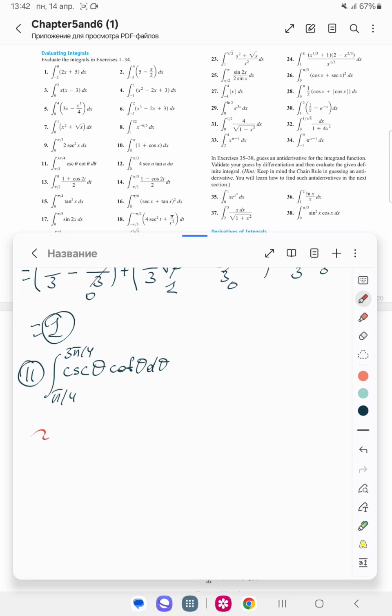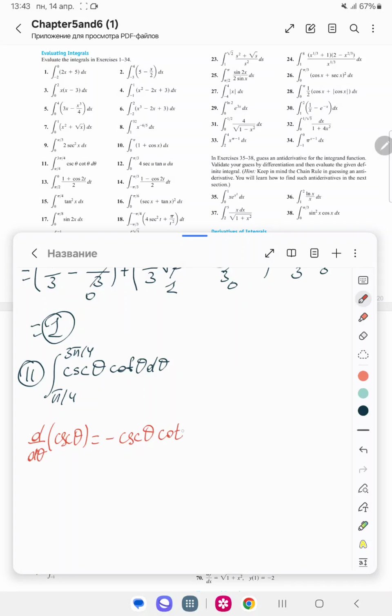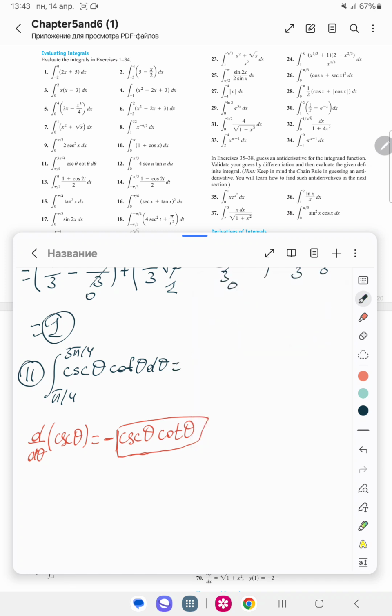The derivative of cosecant theta is minus cosecant theta times cotangent theta, meaning the integral of this function will be minus cosecant theta.